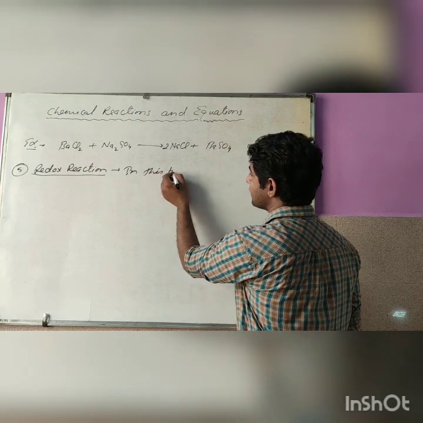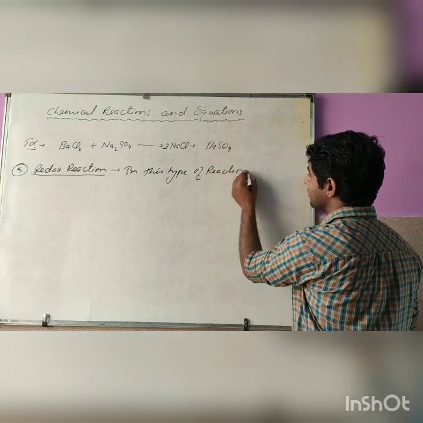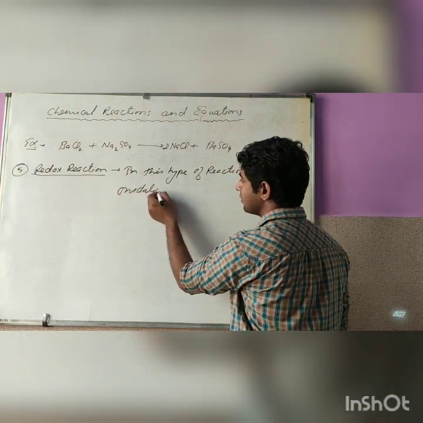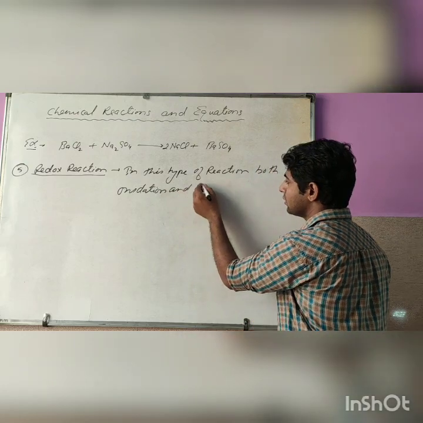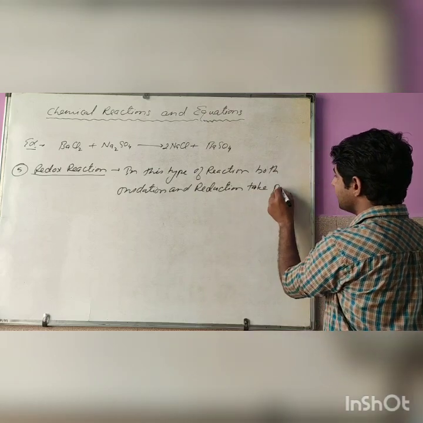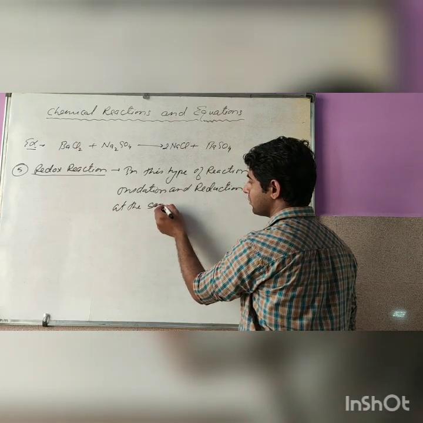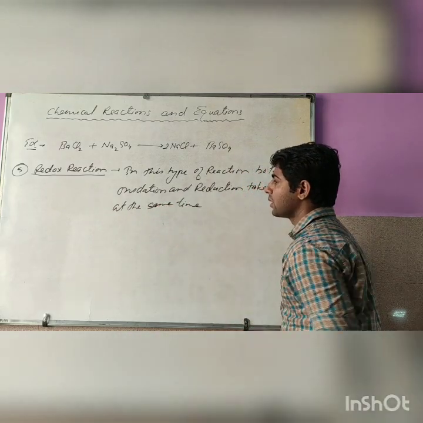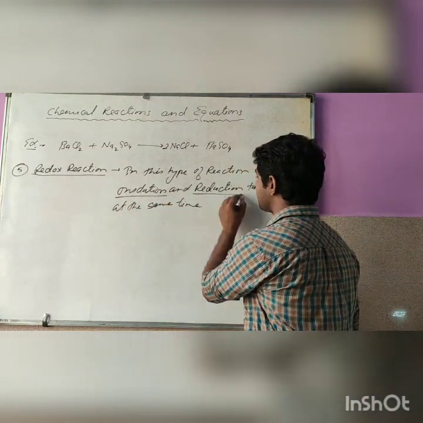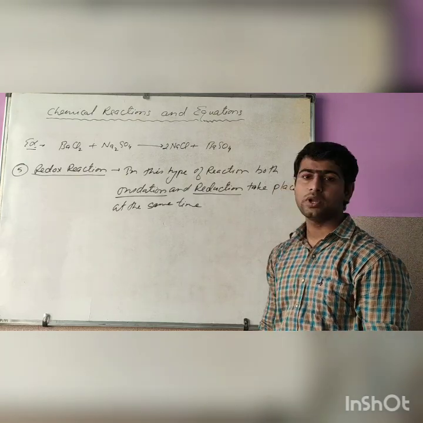In this type of reaction, both oxidation and reduction take place at the same time. So in redox reaction, reduction and oxidation both take place at the same time. That reaction we call redox reaction.